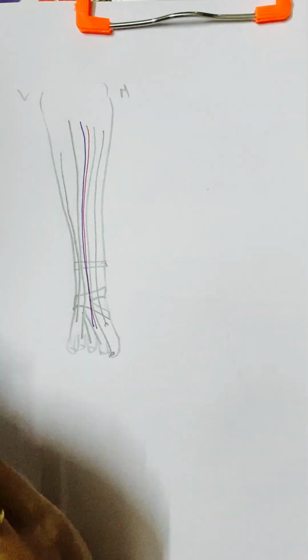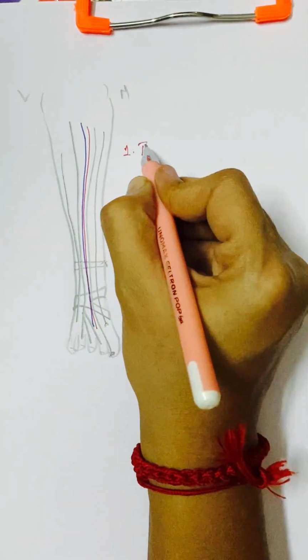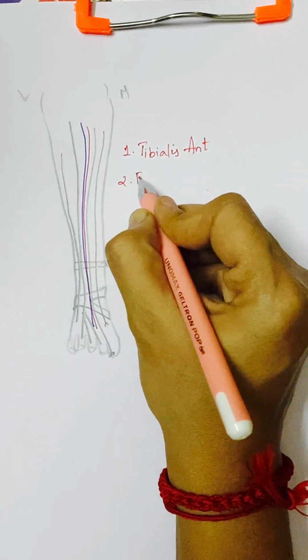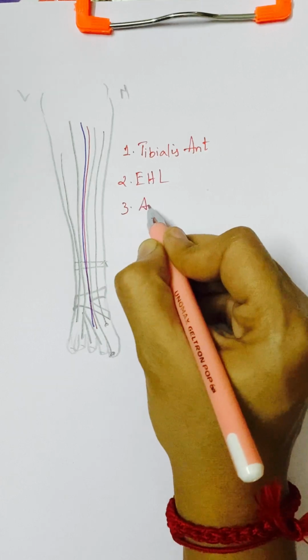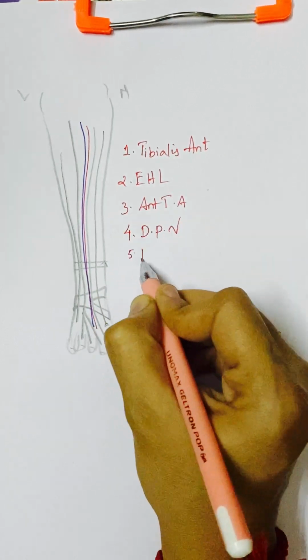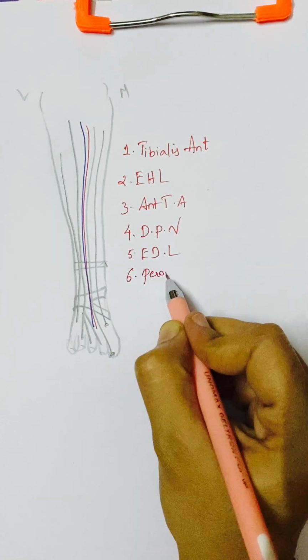Okay, now from medial to lateral, just beneath the extensor retinaculum, it is tibialis anterior, extensor hallucis longus, then comes anterior tibial artery, deep peroneal nerve, extensor digitorum longus, peroneus tertius.